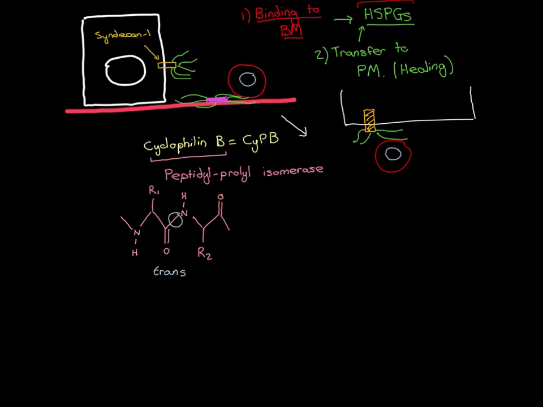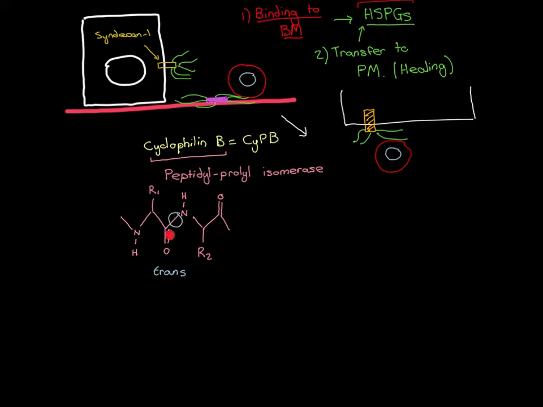Now, trans means on the opposite side of, and the reason this is called the trans conformation for this peptide link is that if you look at the two members of the peptide bond, this carbon here and this nitrogen here, the major groups, which are the continuation of the polypeptide chain, go off in opposite directions. The continuation off the carbon goes off this way, whereas off the nitrogen the continuation of the polypeptide chain goes off the opposite way, so they're on opposite sides, you see.